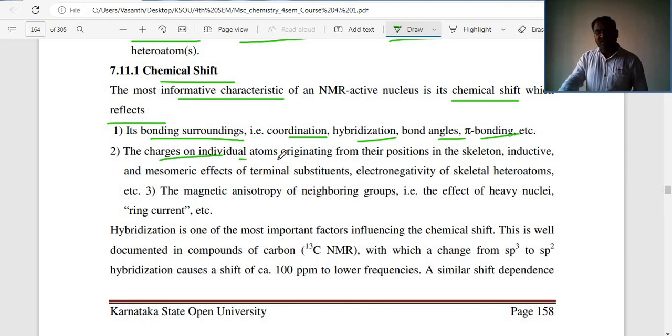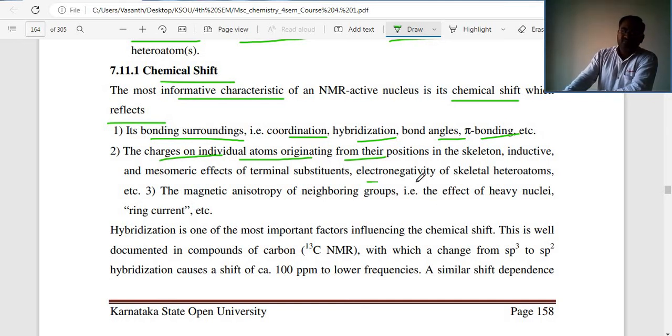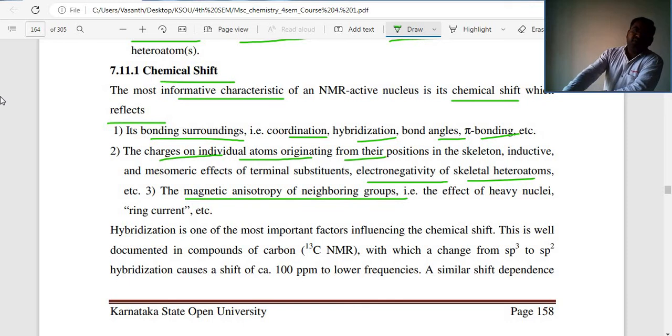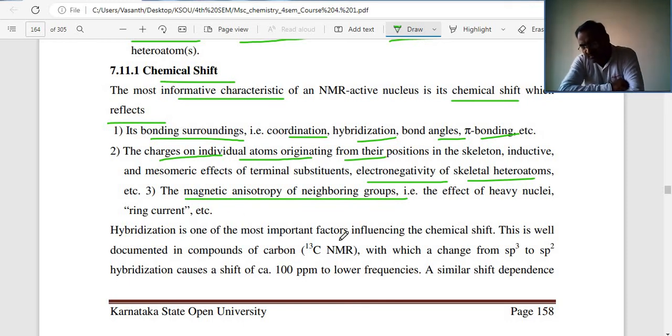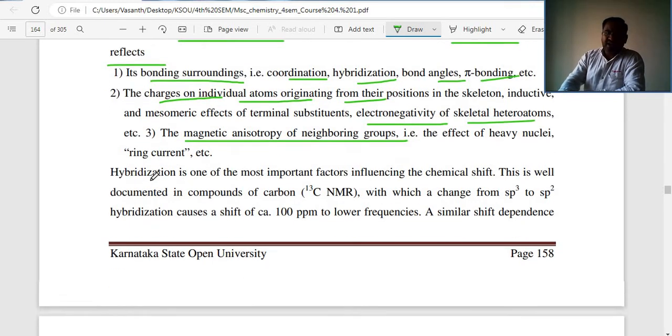The charges on individual atoms originating from their positions in the skeleton, the inductive and mesomeric effects of the terminal substituents, the electronegativity of skeletal heteroatoms, the magnetic anisotropy of neighboring groups, the effect of heavy nuclei, and ring current.